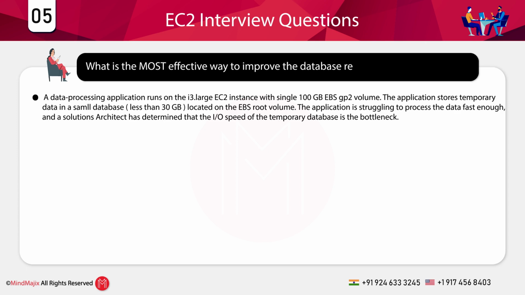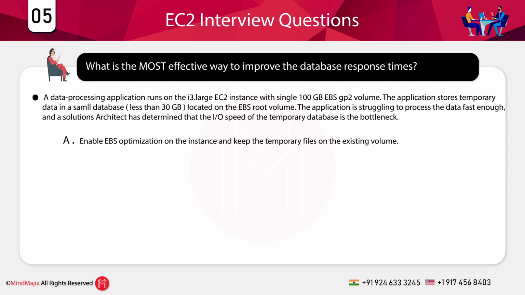To improve the database response time, enable EBS optimization on the instance and keep the temporary database on the existing volume. If I enable EBS optimization, cost will be increased. Put the temporary database on a new 50 GB EBS GP2 volume, but that's more than 30 GB. Move the temporary database to instance storage.